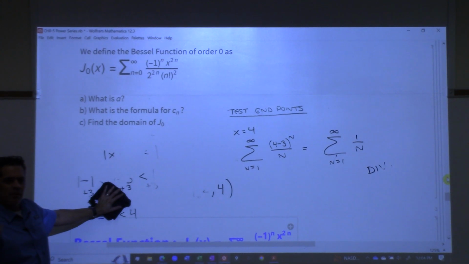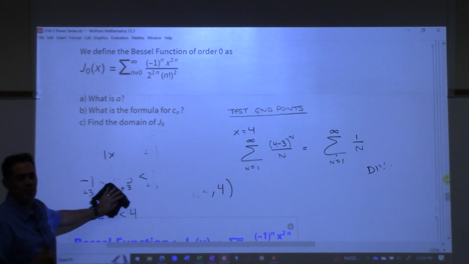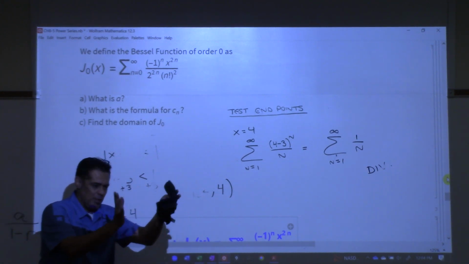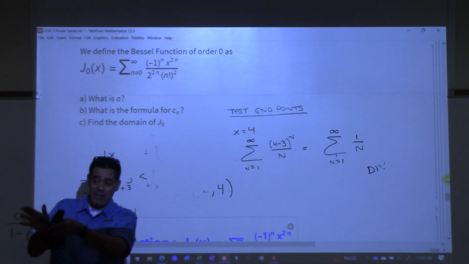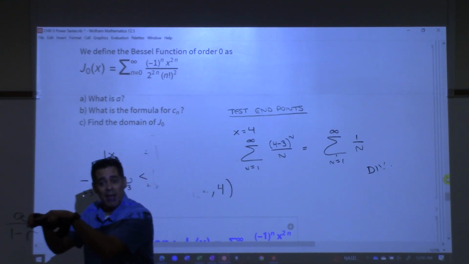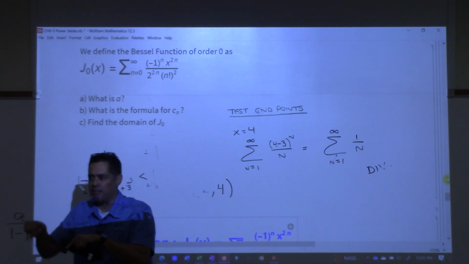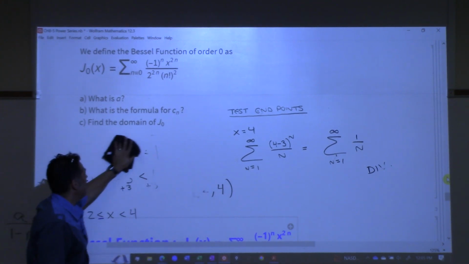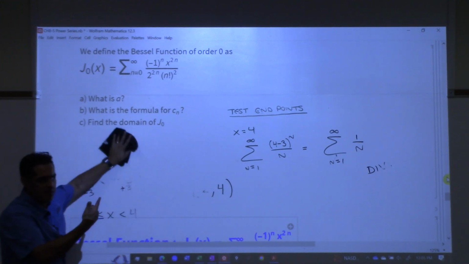When you look at the power series for e to the x, you say, oh, that's e to the x. There are some power series that when we look at them, we don't have something that we call, like, oh, that's sine x. This is an example of one of those. It's only defined as its power series.